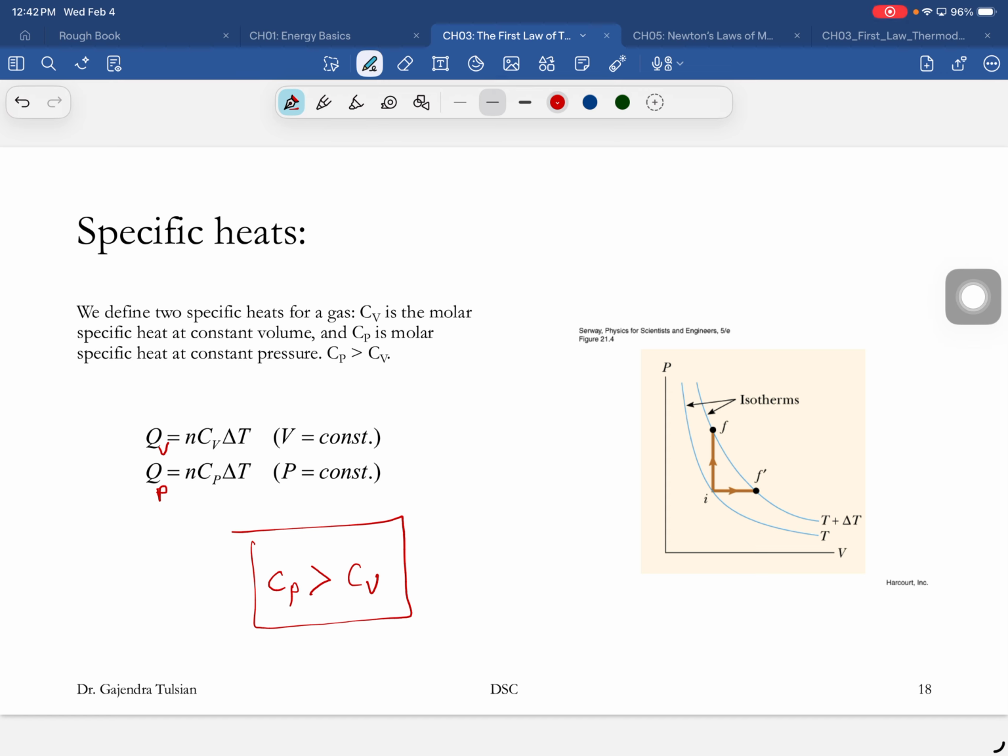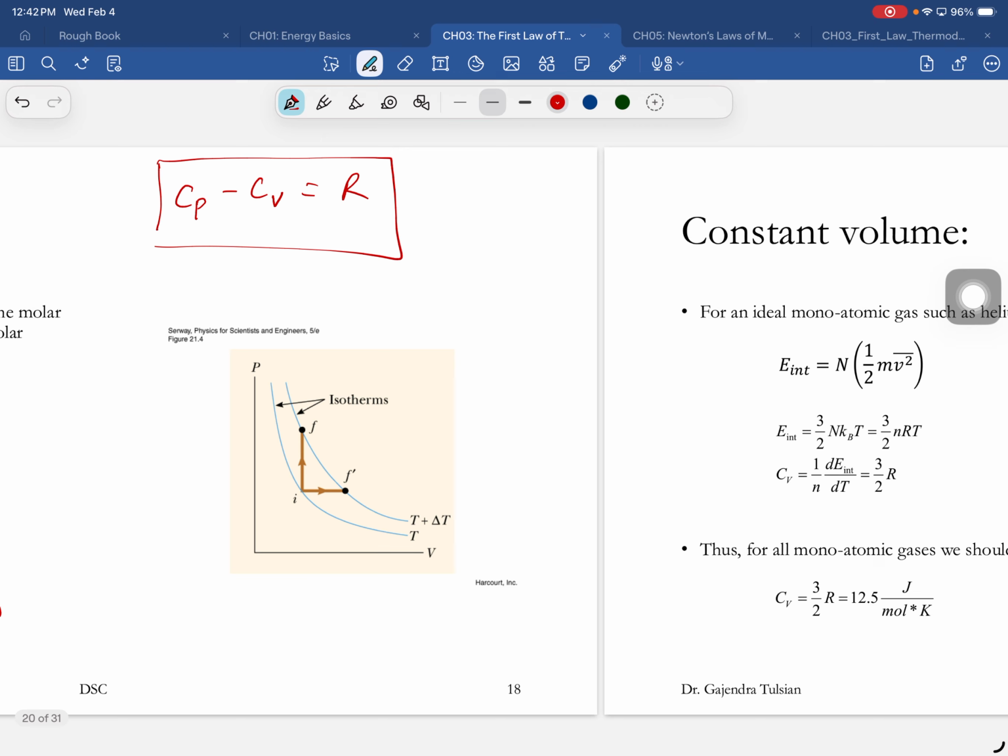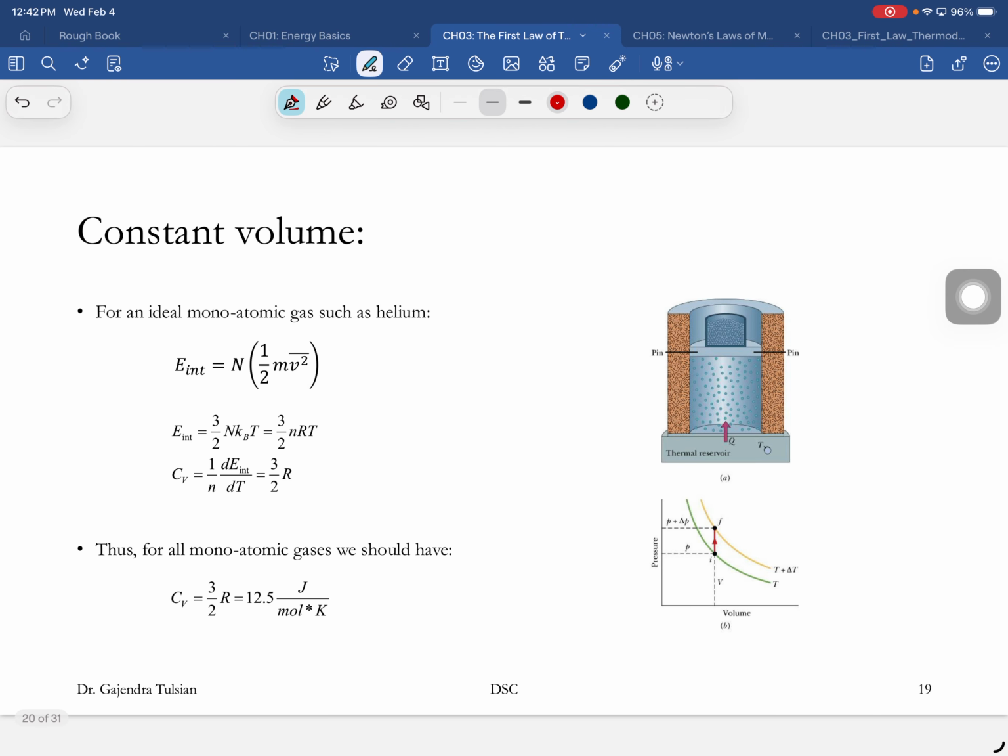Okay? And now we'll show you for an ideal gas that this turns out to be, as long as the gas is ideal, it doesn't matter what it is, this turns out to be equal to the gas constant. Okay? So that's what we'll show. All right, now before we do that, we'll derive CV. Again, we've done this before.